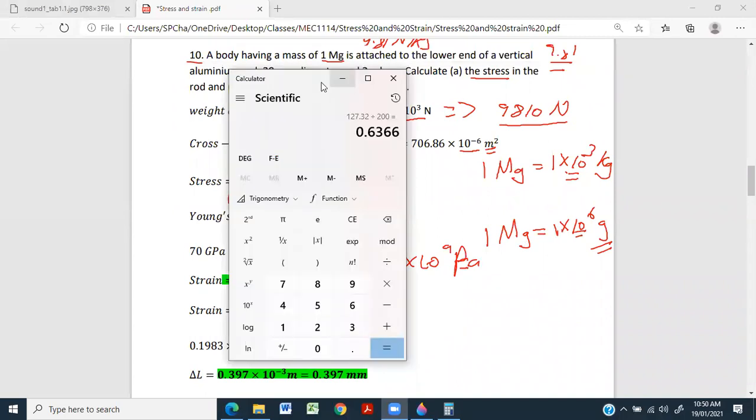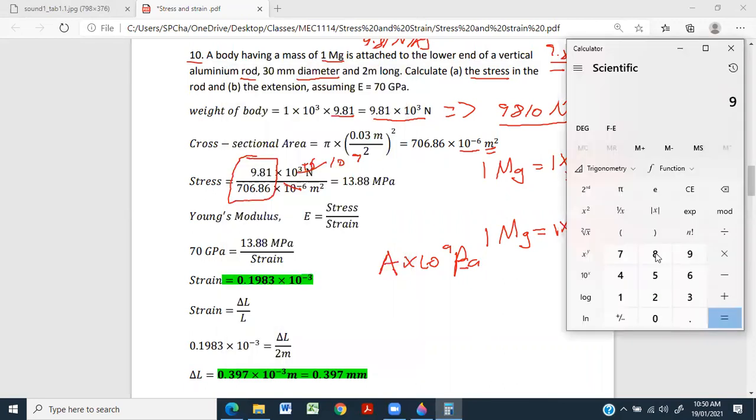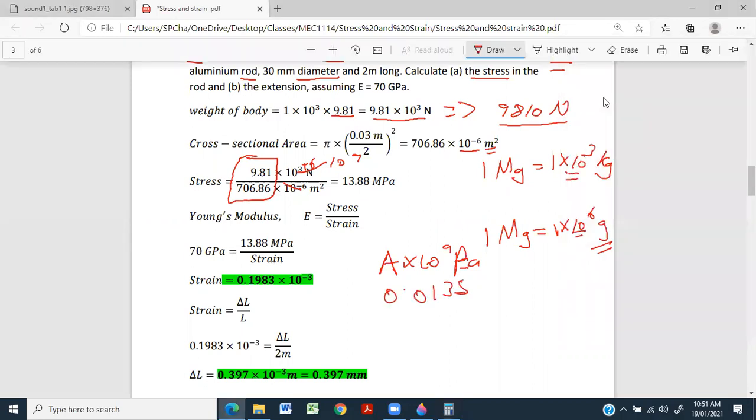Managing our numbers again. 9.81 divided by 706.86. Get it accurate. We have 0.013. Write that down. 0.0138788. Okay. 0.01388.